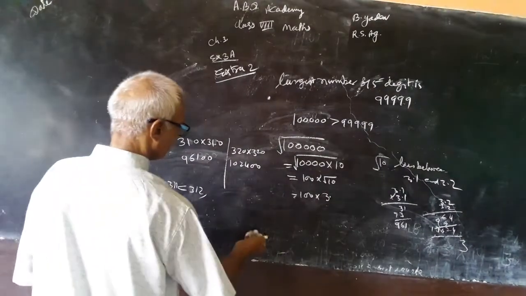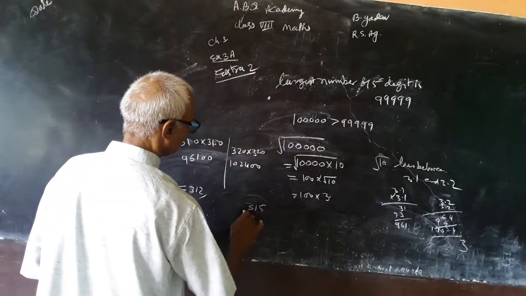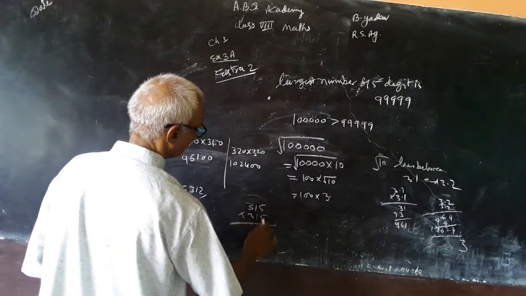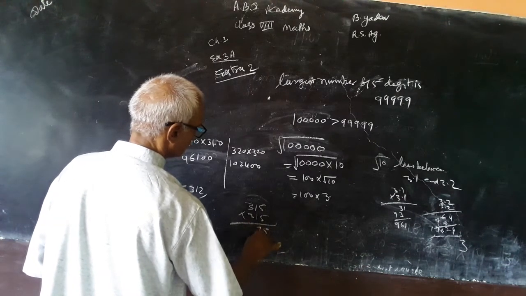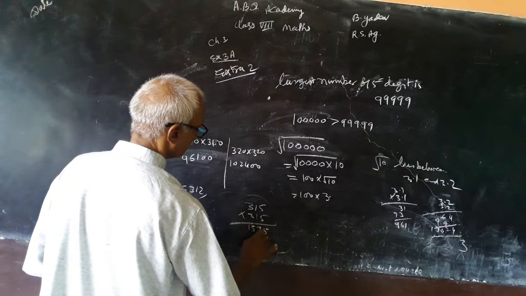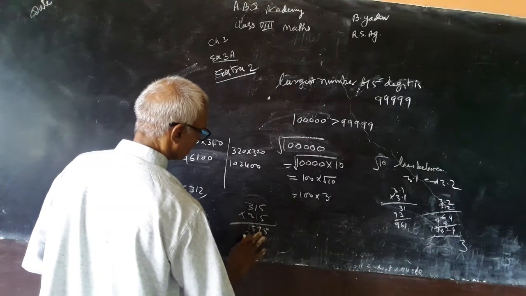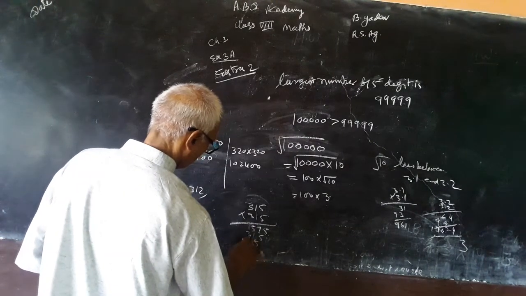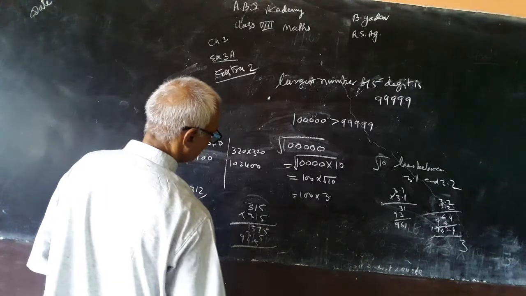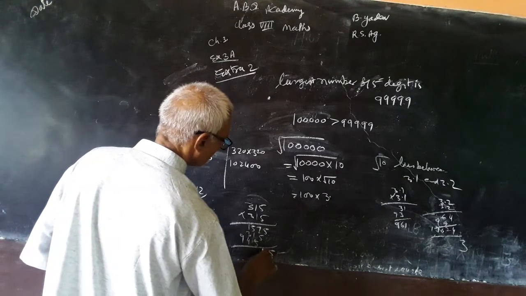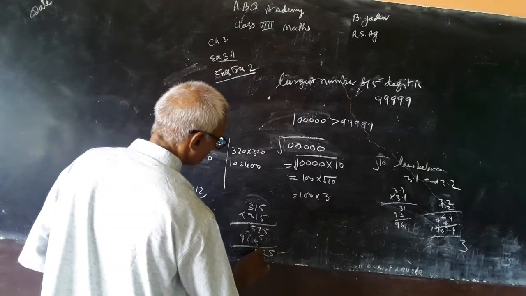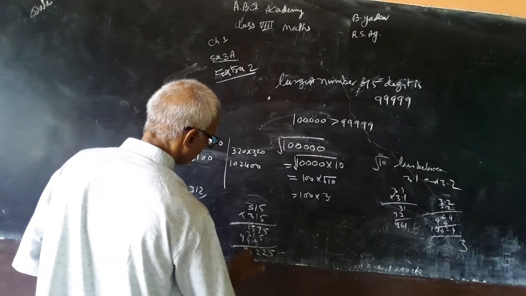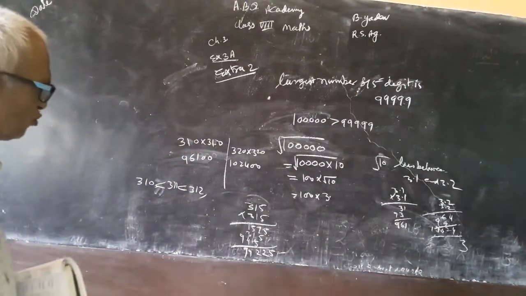So take an example, 315 into 315. 5 5s are 25, then carry, and in this way the result is 99225.